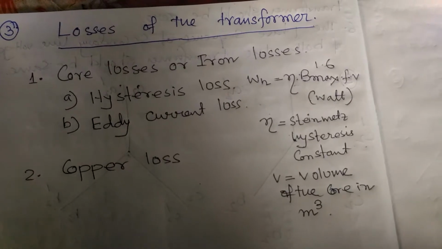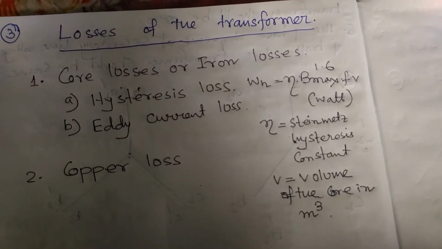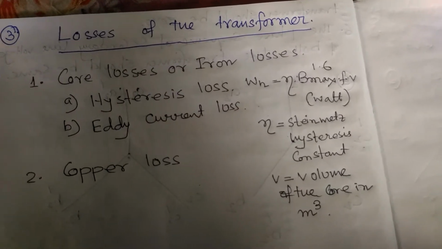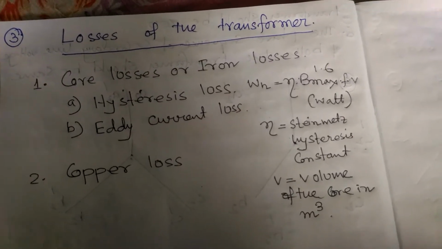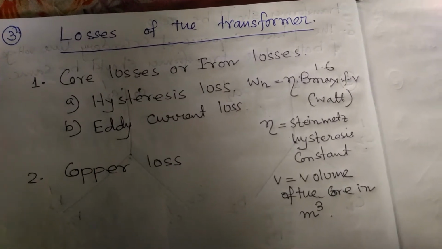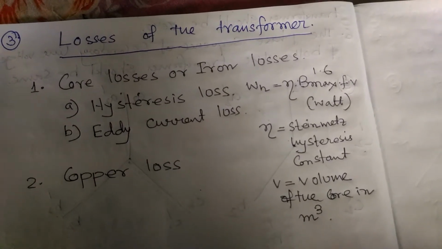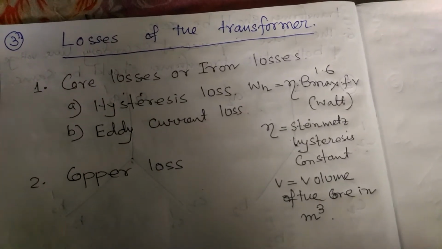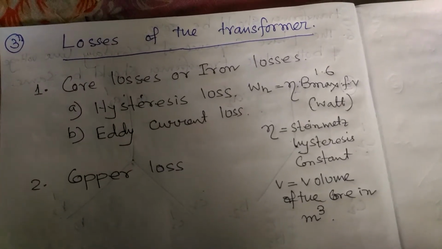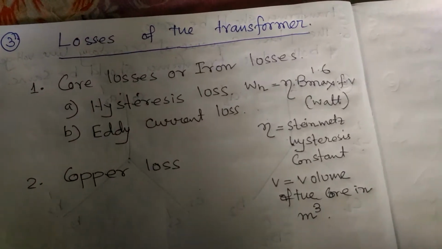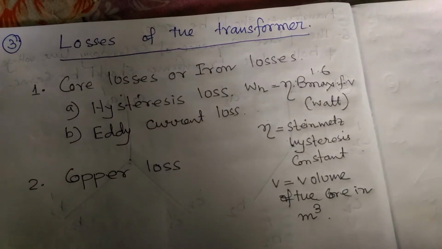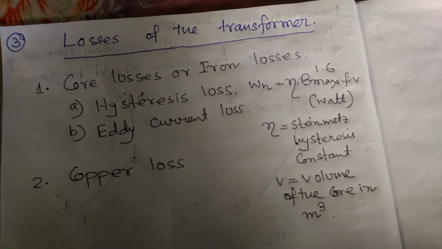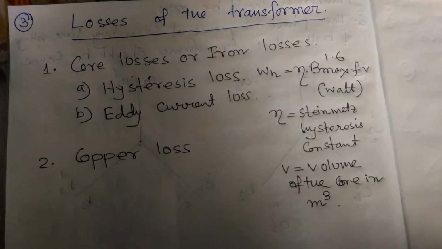It depends upon the volume and grade of the iron, the frequency of the magnetic reversal, and the value of the flux density. It can be given by the Steinmetz formula: W_H = η B_max^1.6 f V watts, where η is the Steinmetz hysteresis constant and V is the volume of the core in cubic meters.